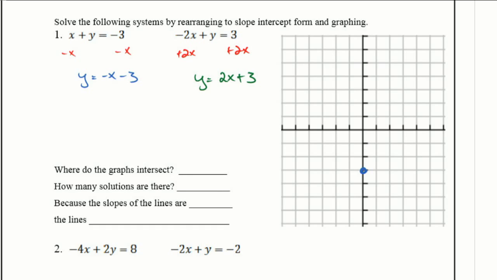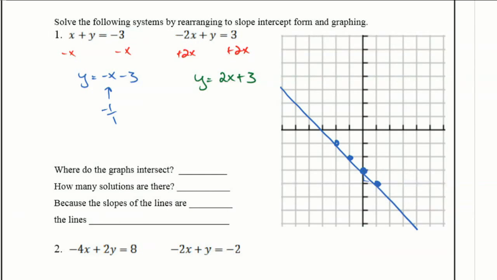And my slope is negative 1 over 1. So I go down 1 over 1. There we go. So I have a few points there. Draw my line. Okay, so there's my blue line.